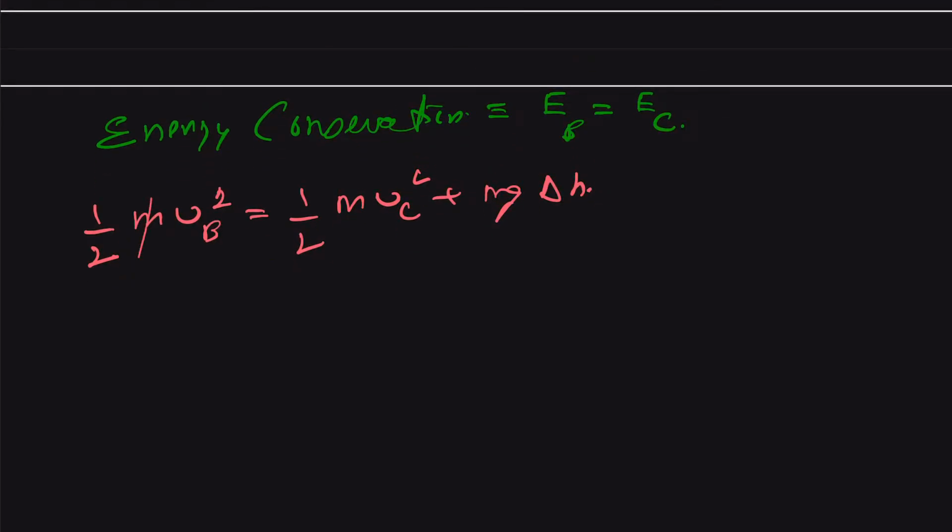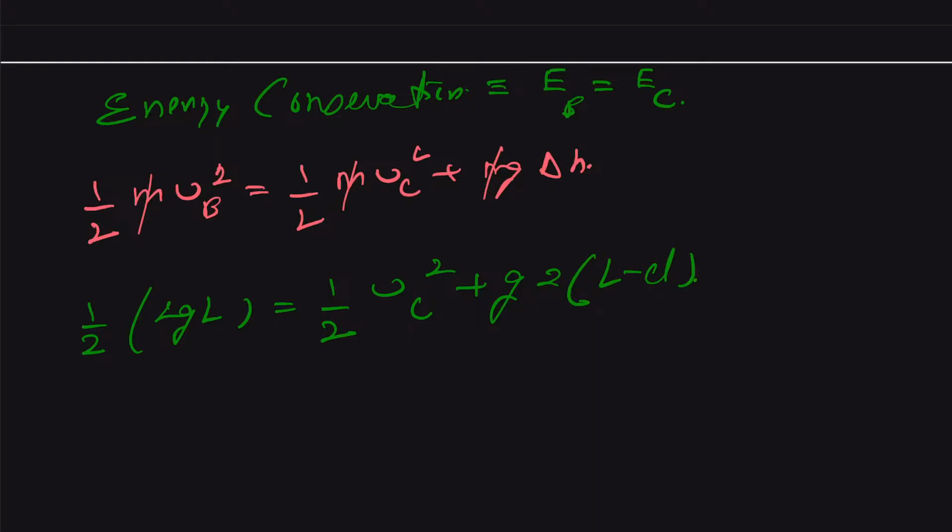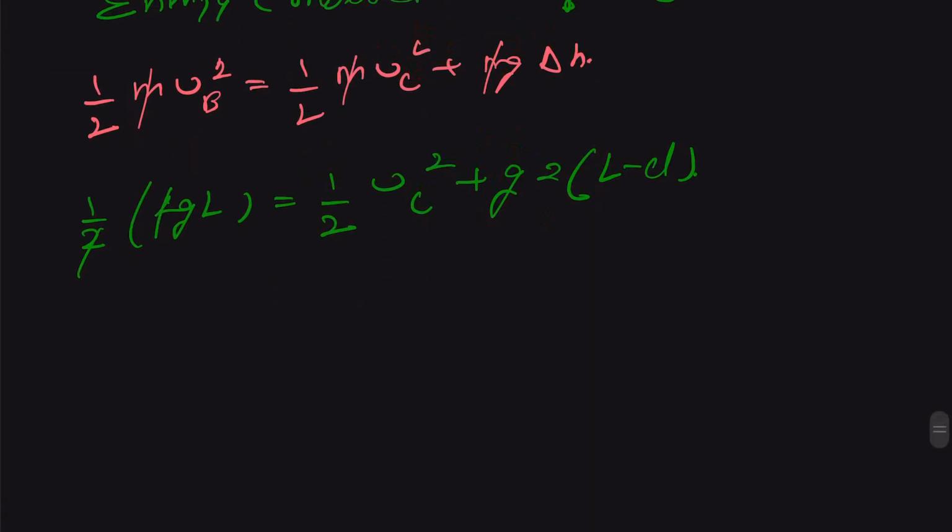And this mass we can cancel out throughout, and we know that our Vb square is 2gL, so this comes as half 2gL is equal to half Vc square plus g twice (L minus d), and here 2 and 2 cancel out.